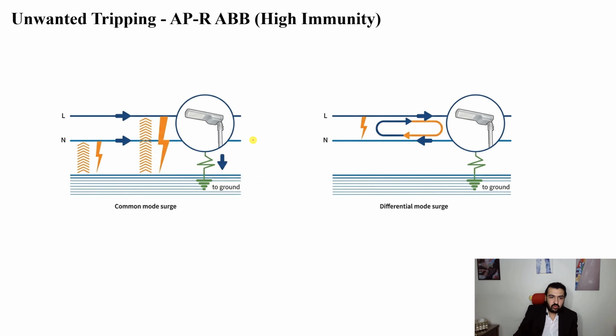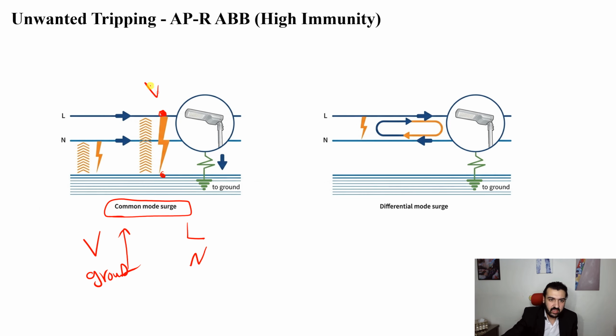Now we have a phenomenon inside the transmission system or on our electrical system in which we could have what we call a common mode voltage surge, or an increase in voltage with respect to the ground for line and neutral. This is called common mode surge. Line with respect to the ground, voltage increased, neutral with respect to the ground also increased.